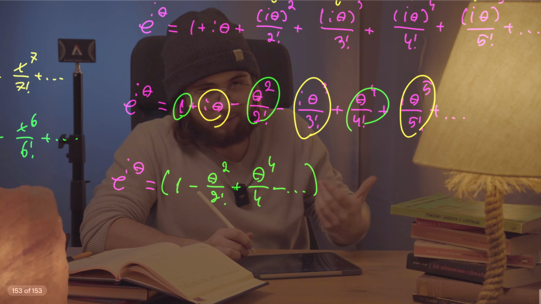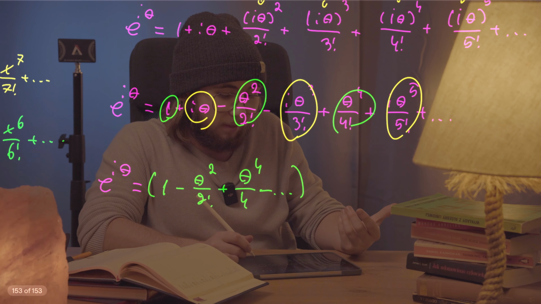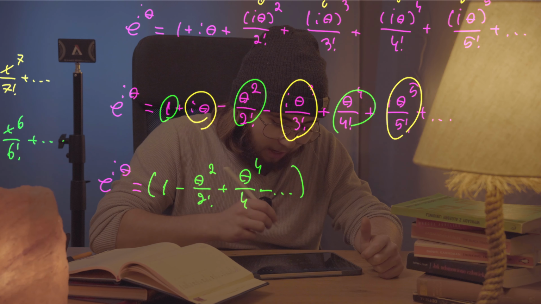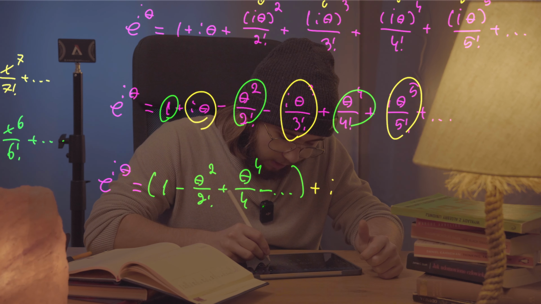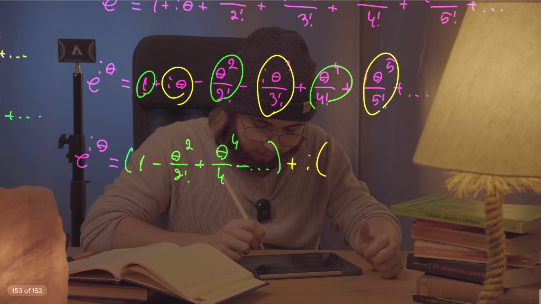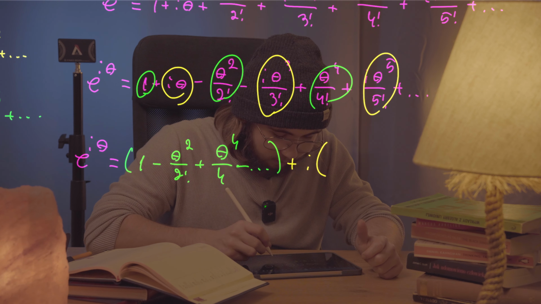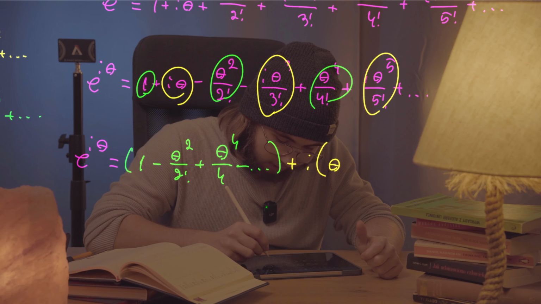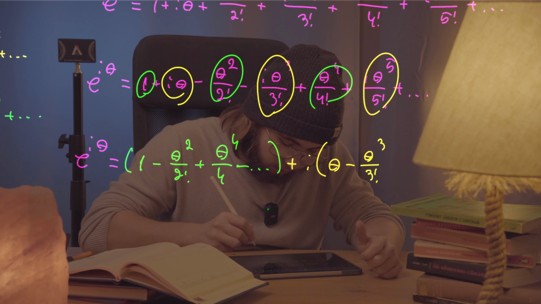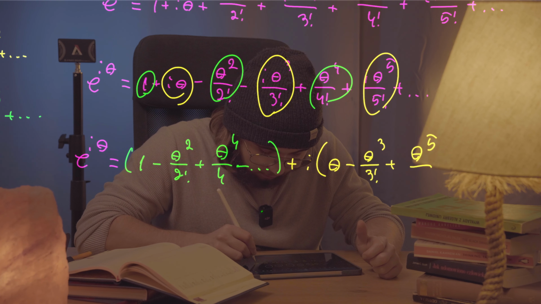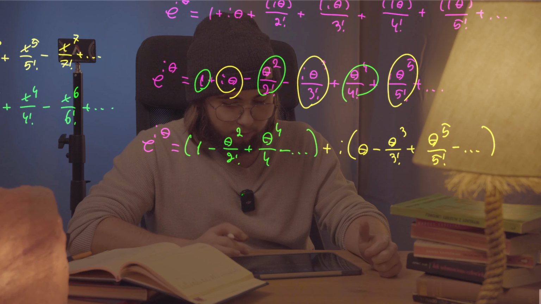And then all the terms that have an i multiplied by them. Let me take out that i before I do the grouping. So I'm gonna take that i out, and I'm gonna get just theta and then minus theta cubed over 3 factorial, and then plus theta to the power of 5 over 5 factorial, and then minus dot dot dot all the way up to infinity.